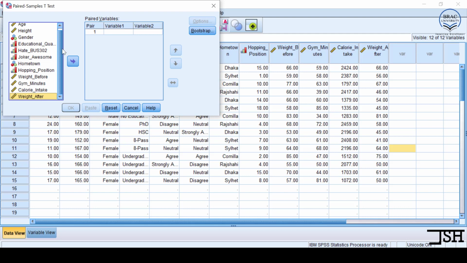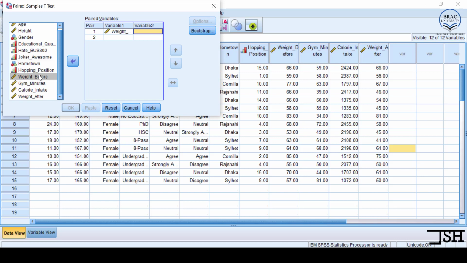Now if we take a look at the right hand side, there are also boxes for two variables, variable 1 and variable 2. And if you take a look, it's already mentioned paired here. So SPSS already knows that these two variable measures are in pairs. So they come from the same group of people. So now let's come back here. So let's first select weight before, then select this button.